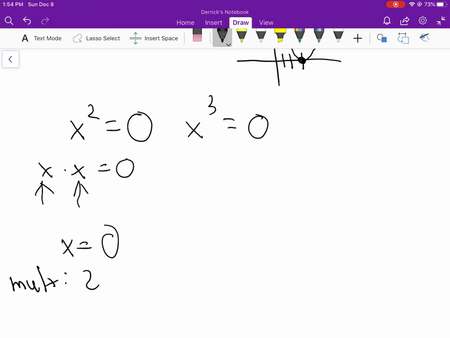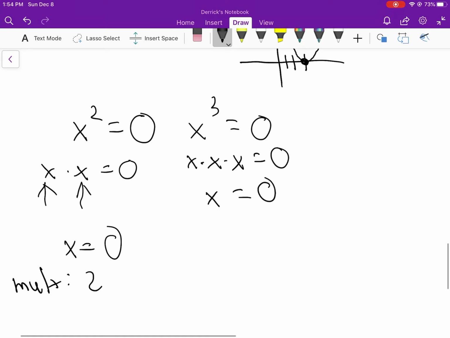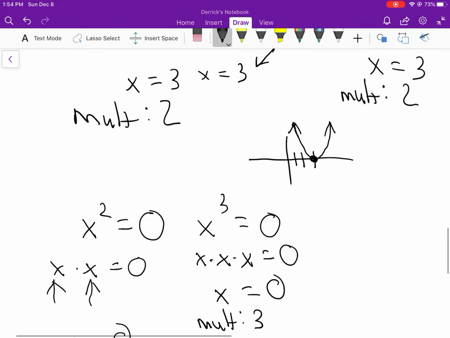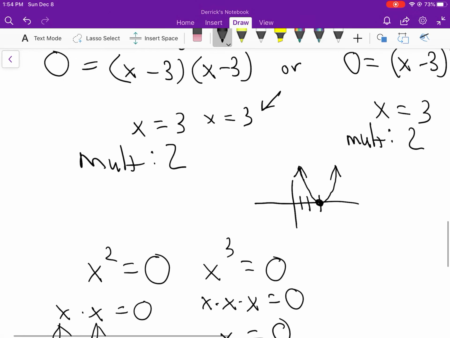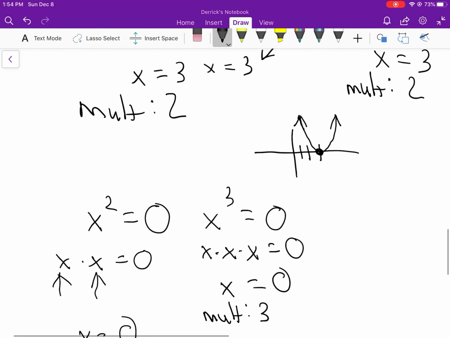Likewise, with the x to the third, you've got x times x times x, so technically you're finding that x equals 0 3 times in this scenario. Just be aware with 0, you're basically just looking at the exponent, and that's the multiplicity of that one. But with any other number, you're looking at how many times it actually showed up. You can pretty much visually see it.